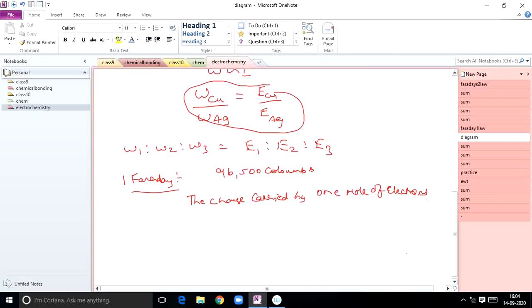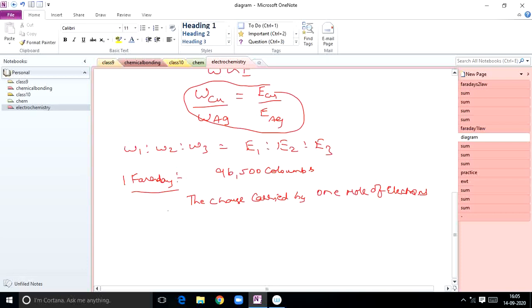Generally, how can you obtain this one? By multiplying the charge of 1 electron with Avogadro number. So this quantity of electricity, the charge carried by 1 mole of electrons, is called 1 Faraday. This is called Faraday's constant.